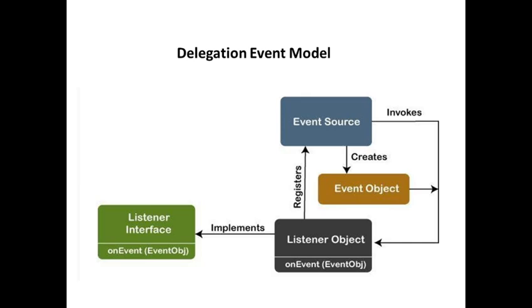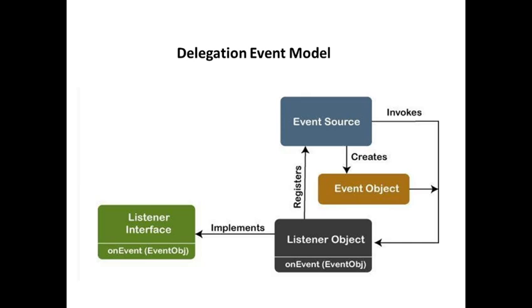Once it receives the event, it is processed by the listener and returns it. The GUI elements are able to delegate the processing of an event to a separate function. The key advantage of the delegation event model is that the application logic is completely separated from the interface logic.